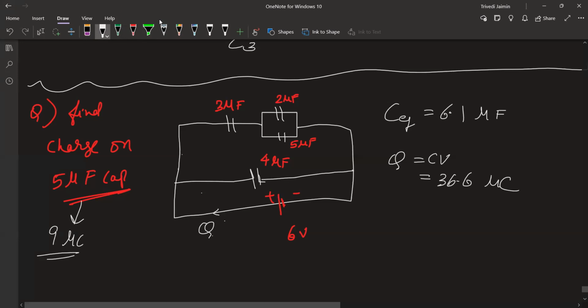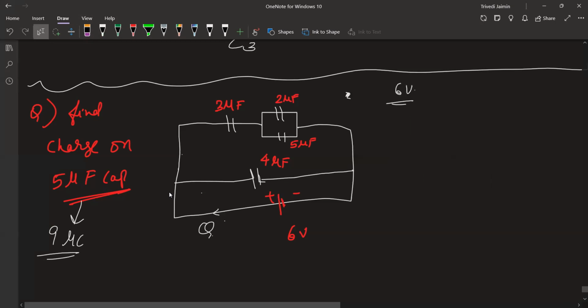Okay. So let me show you one shortcut to solve, or you can solve it any way. It's not a shortcut, but what I find easy always to do. Okay, so first what we did here, we have 6 voltage given, right?